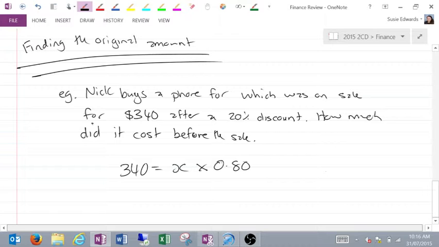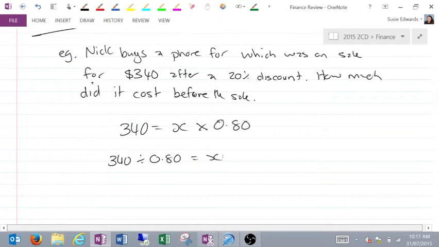So if I move it to the other side, what's it going to become? Dividing. Now, I'm going to use a divide sign rather than a fraction, which I should use with algebra, but it makes more sense this way. So I could go 340 divided by 0.80 equals x.